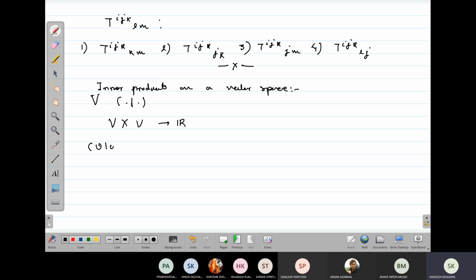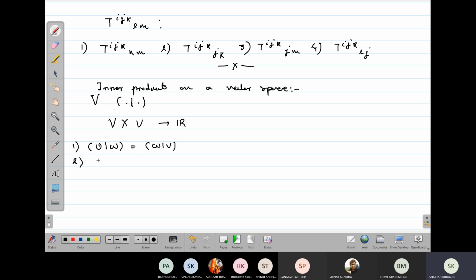Such that for any two vectors V and W in capital V, the inner product of V and W is equal to the inner product of W and V. This is the first, called the symmetry property.